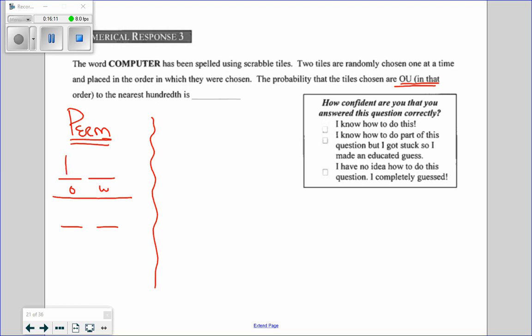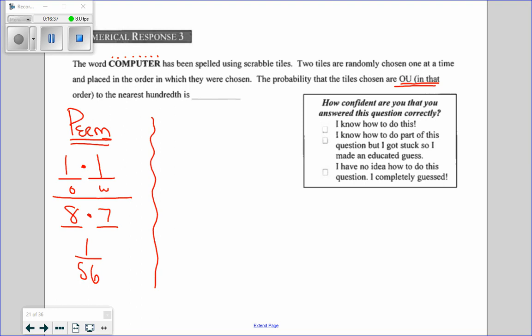How many U's are there in the word computer? So our numerator is 1 times 1. How many letters do you have to pick from? 8. So you have 8 choices for the first letter and then 7 choices for the next letter. So it's 1 out of 56.